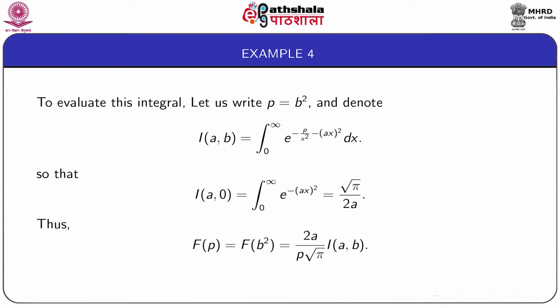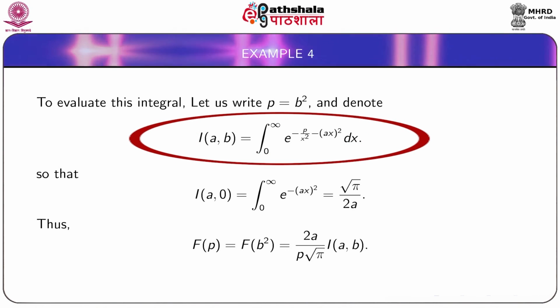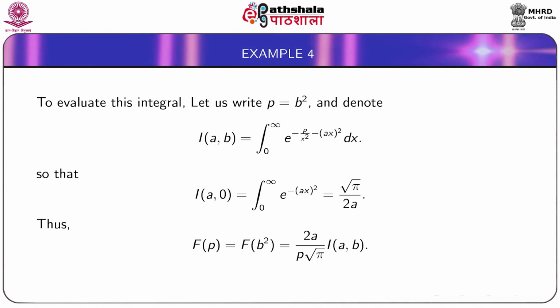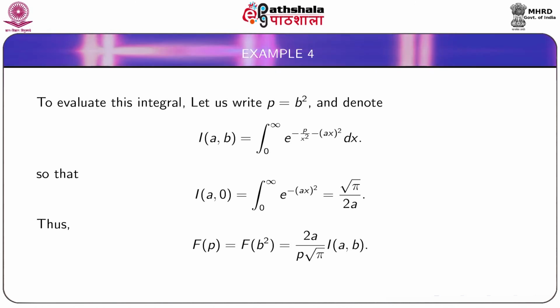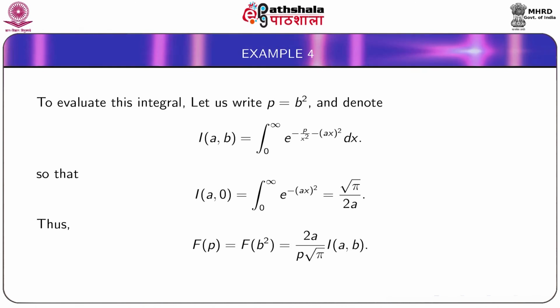To evaluate this integral, we write p equal to b² and denote by I(a,b) the integral from 0 to infinity of e^(−(b/x − ax)²) dx.